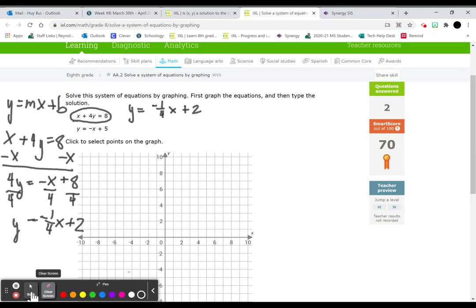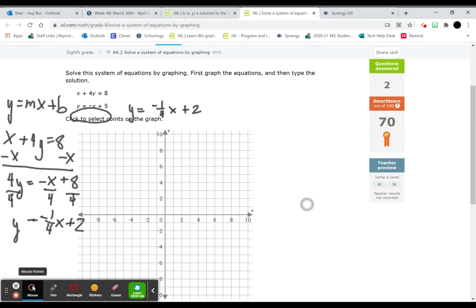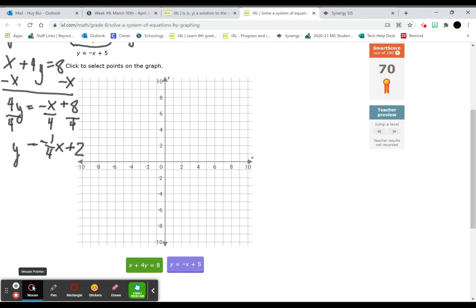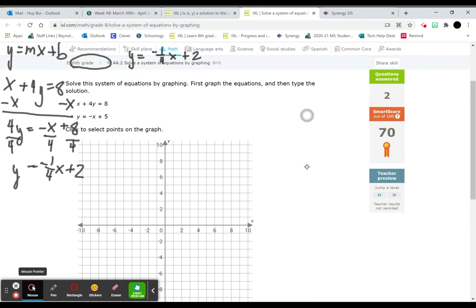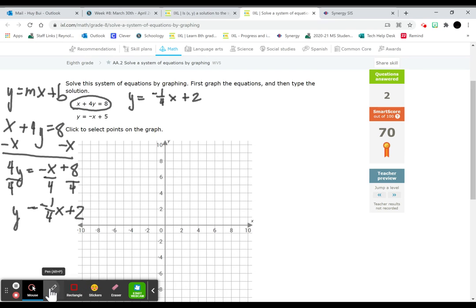So let's see what colors we are using for these lines. Green and purple. Okay, so the first line is green. I'm going to choose green here. And now the y-intercept. I should get used to writing b instead of writing y-intercept.